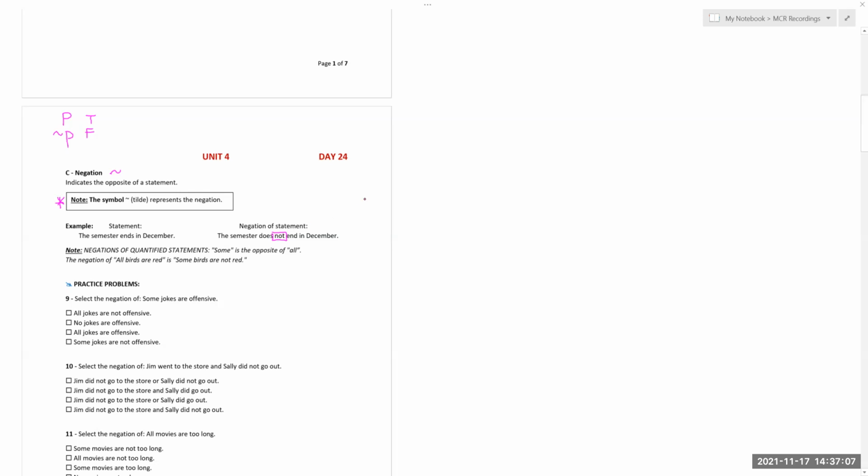Now, just a note, if you have the all or the none for your quantifiers, and then you have some, a few, at least one for a quantifier, they negate each other. So it's very easy to say all and none negate each other, but you don't have to work that hard.